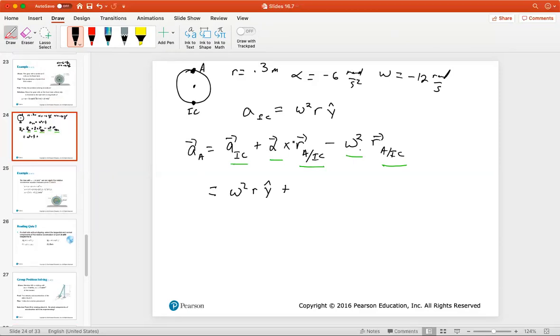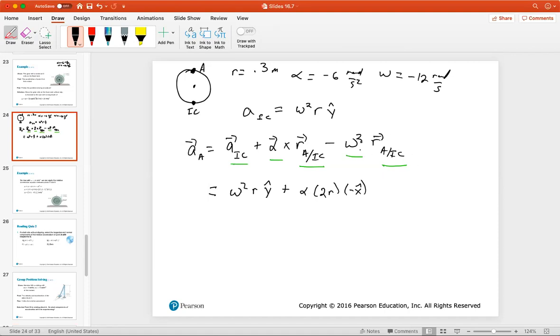When I take the cross product, I'm going to get something in the negative x direction. So I'm going to get alpha times this distance, which goes all the way from the center up to here, twice the radius, times negative x hat.